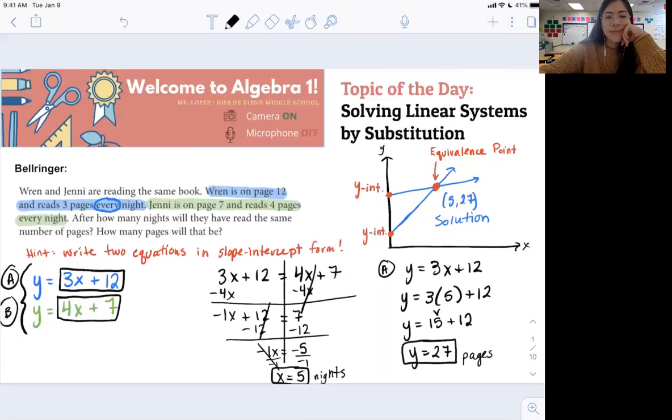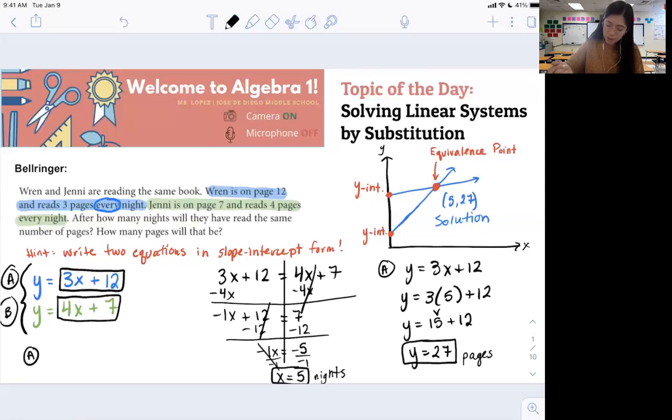every night. So you kind of checked to see when they would be equal. If you started with equation A, you figured out the pattern. So the way that you did it is not wrong. Let me explain what was going on.